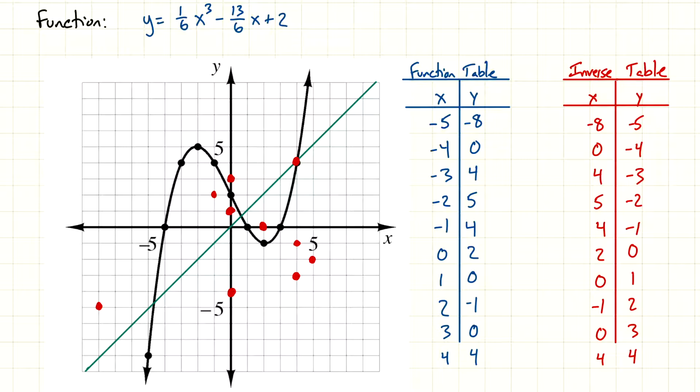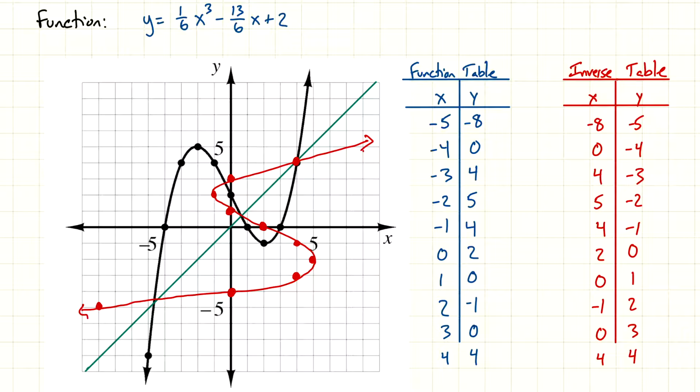So hopefully you could sketch that. It should look like a mirror image of the original. So it's going to go through a lot of those points. Hopefully yours looks better than mine. Definitely challenging to sketch.